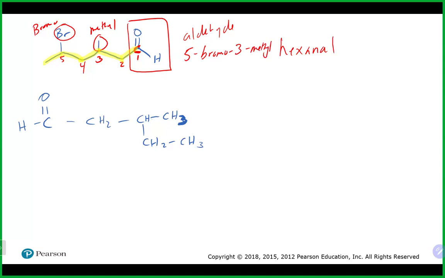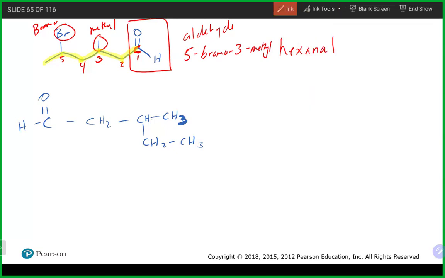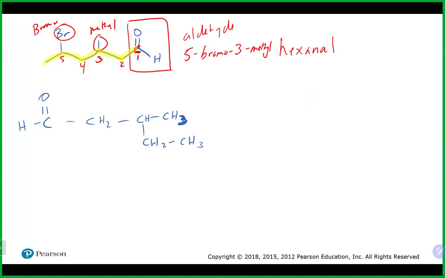Any question on that name? Do we have to draw the line for the H where the double bond O is? I would say you should. If you don't, technically speaking, it's implied that it should be there. But just to be safe, I would draw the line.